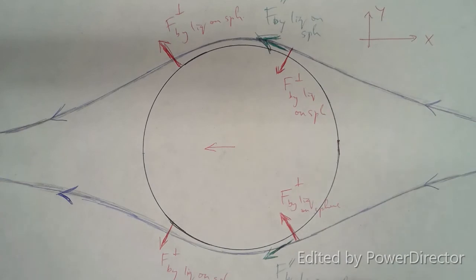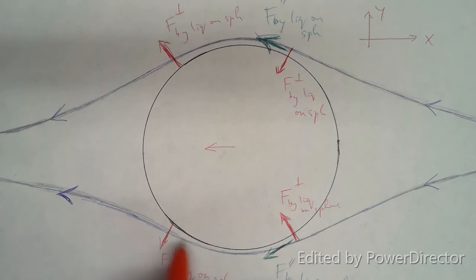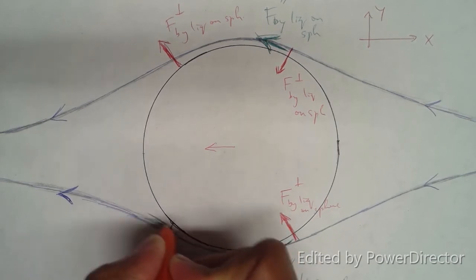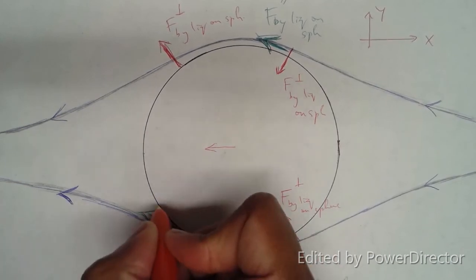And similarly at this part, it's still the liquid flowing past the sphere, and the sphere will try to oppose that by creating a force opposite to the flow, but by Newton's third law, there will be a force by the liquid on the sphere. So I'll just again draw these green tangent arrows here.